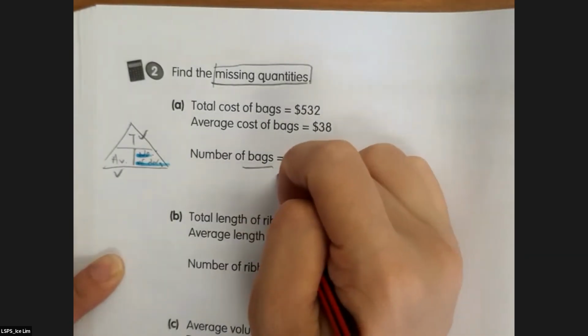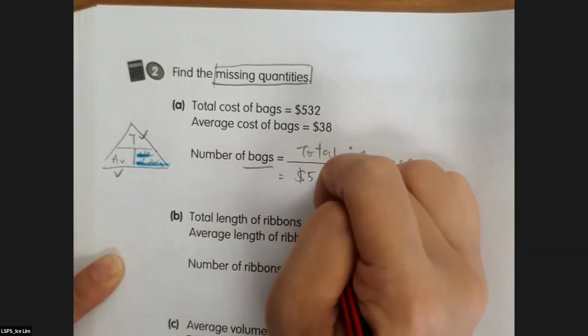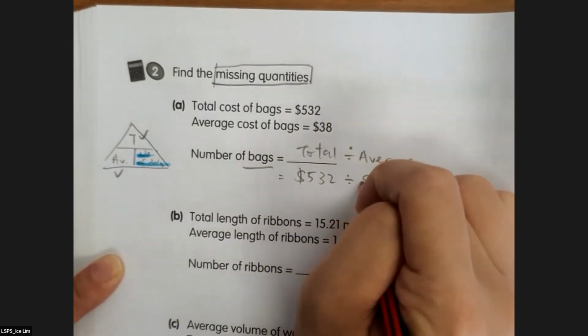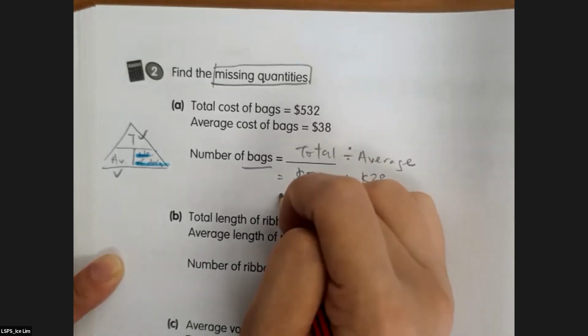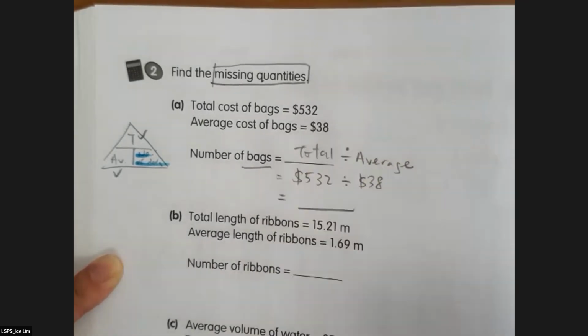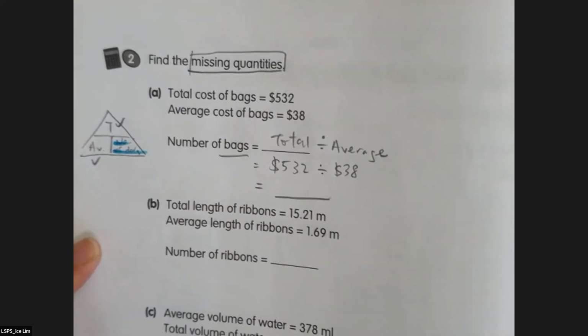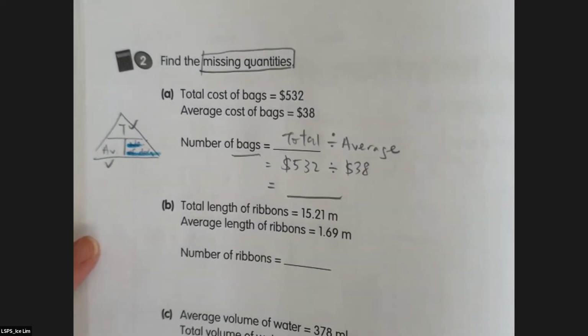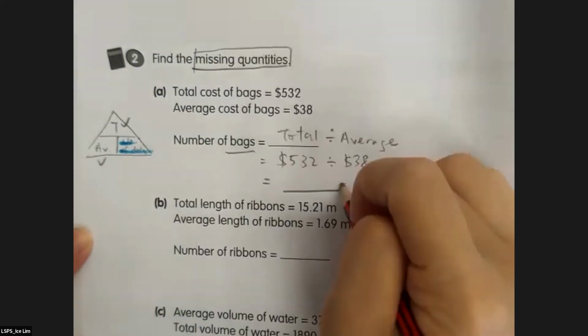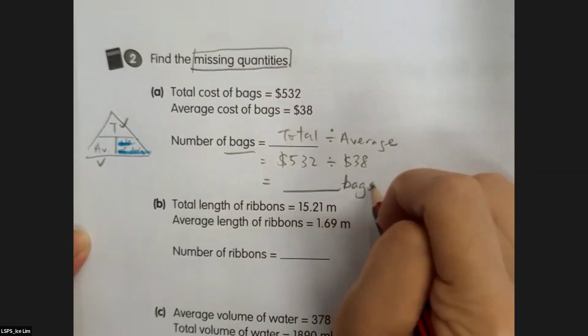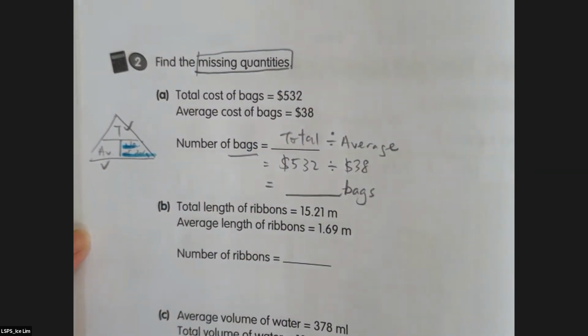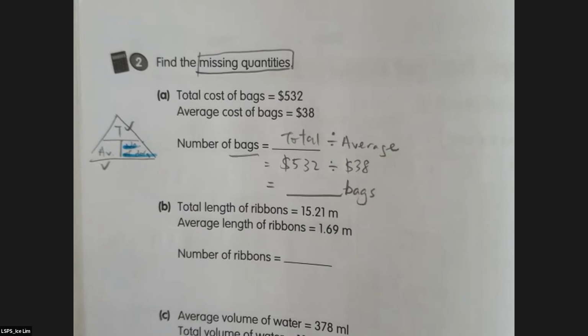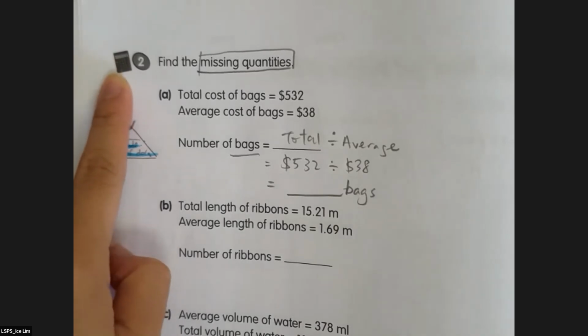So it should be $532 divided by $38, but the unit at the end is bags. It is not dollar sign anymore. Can you understand? You can use the calculator for this question.